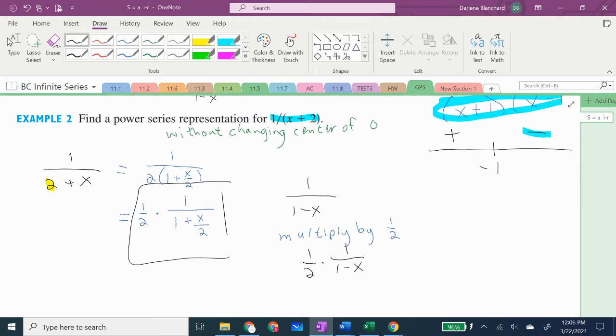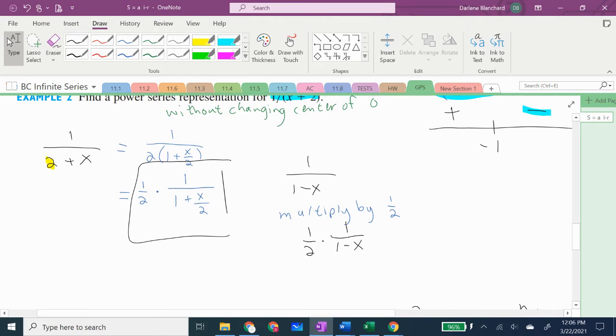And yeah, you're starting to see it now. Does everyone see that it's going to be a substitution? And I am going to substitute into my x a negative x over 2.